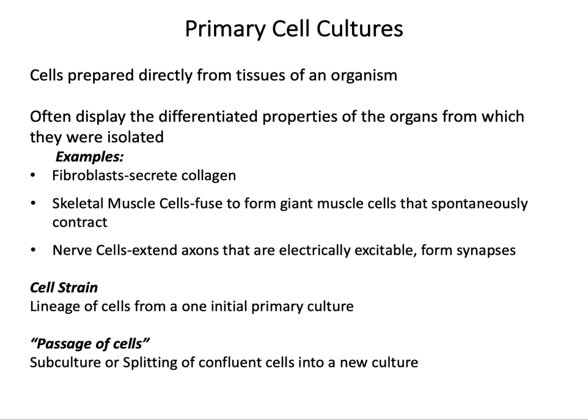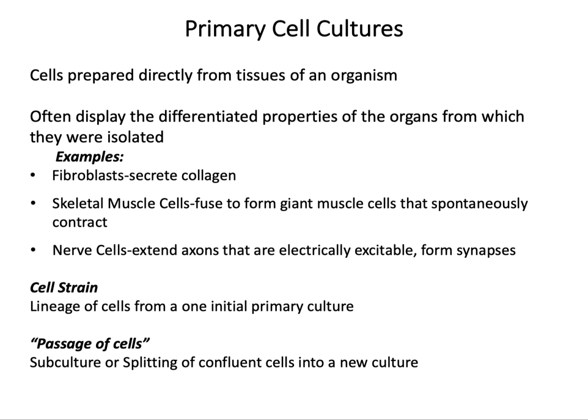There are some terms that we use in the cell culture. A cell strain is defined as a single cell lineage from one initial primary culture. Suppose we isolated a tiny portion of intestinal tissue by biopsy, broke it up mechanically, and then digested it with trypsin, collagenase, and EDTA so that the cells come loose from the tissue. We then collect the cells and continue to establish a primary culture.